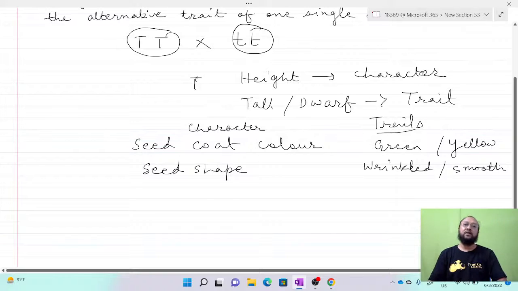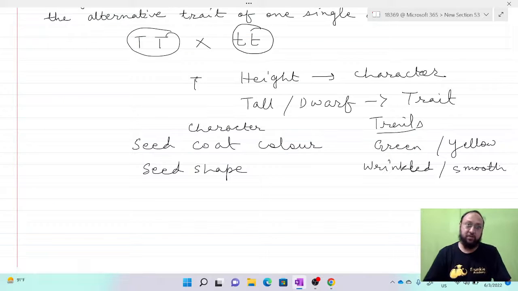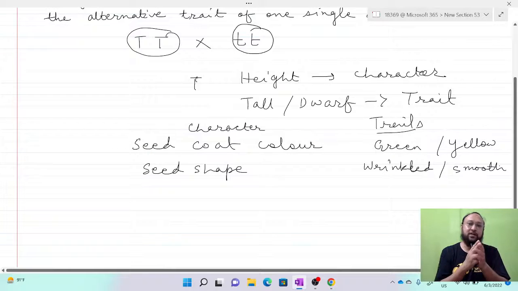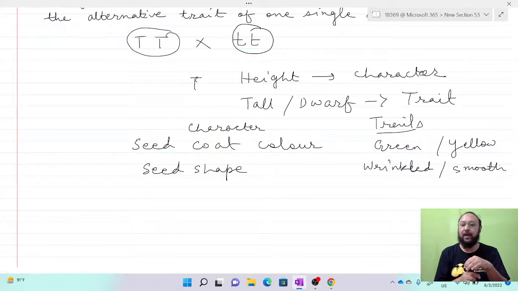When we are crossing two parents, considering two characters with alternative traits, then it is a dihybrid cross.